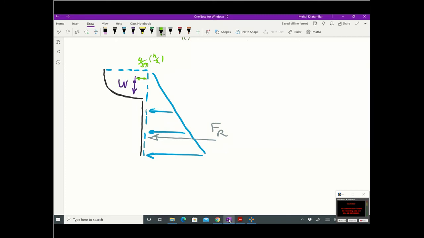And where is the hinge? Hinge is here, H. And I have this FHx and FHy there. So we have one more force. Where is it? From the block. Let's call it Fb. Again, we can find the moment about H to get rid of those forces, and the only unknown is going to be Fb.